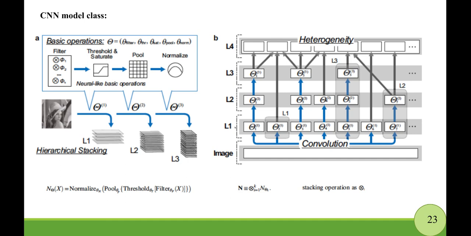For L1, each one of these boxes represents a set of convolutional neural nets with multiple operations, like the number of filters, the threshold, saturation, pooling, and normalization.